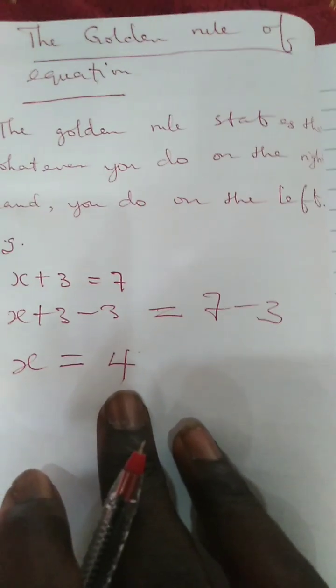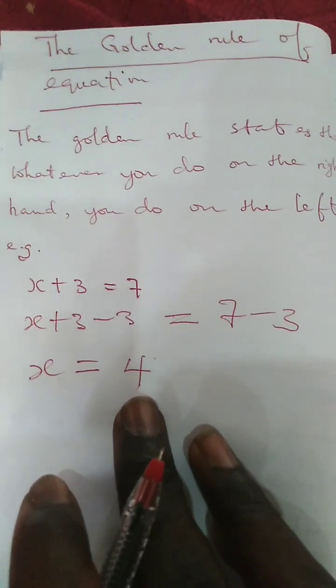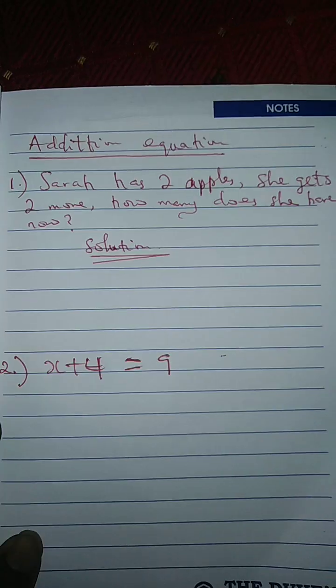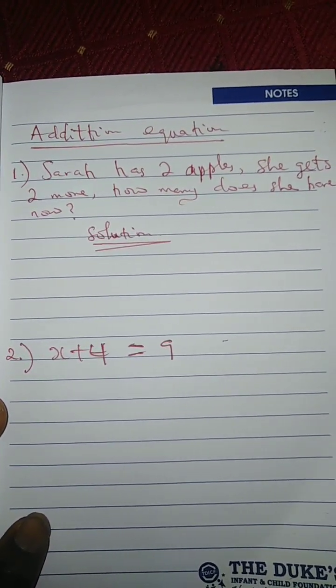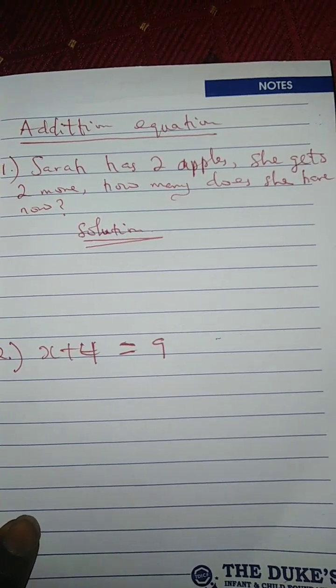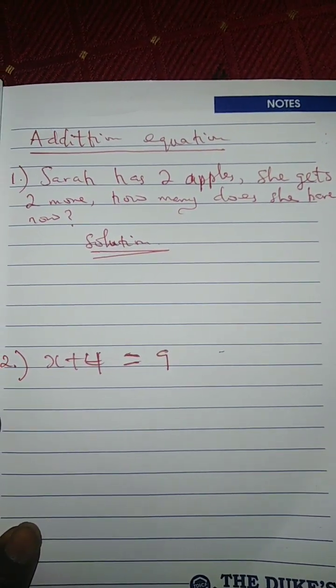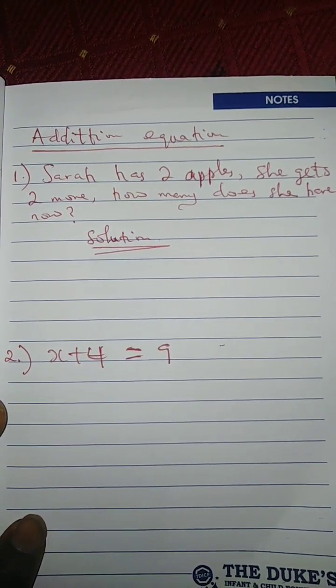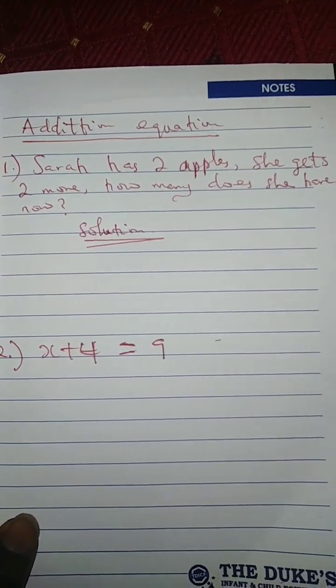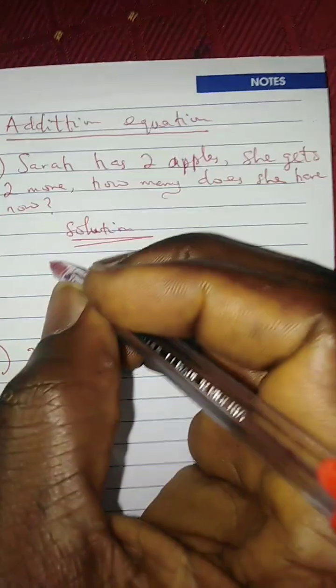Let's now go to addition equation. Alright, for addition equation, we are told that Sarah has 2 apples. She gets 2 more. How many does she have now? If she has 2 apples and she gets 2 more, meaning there's an addition.